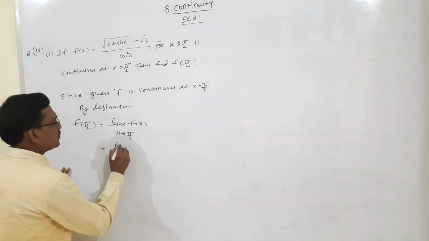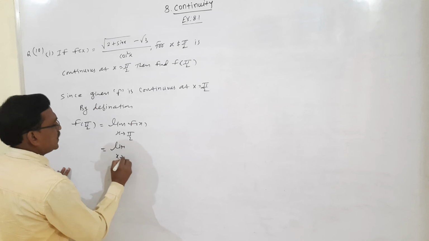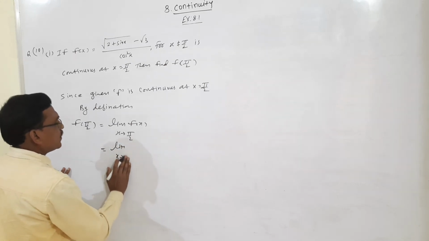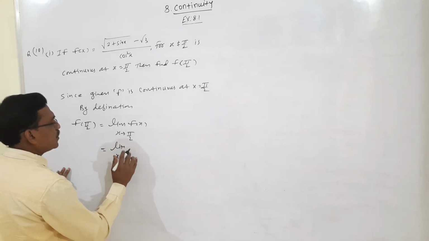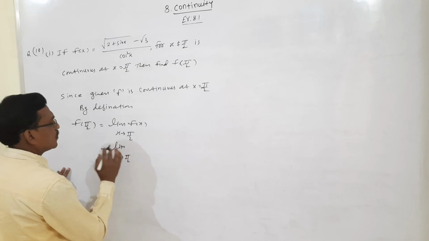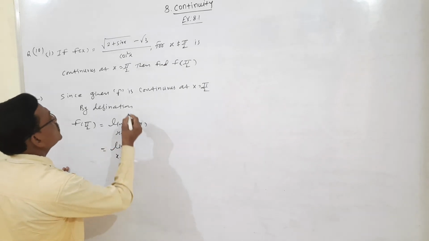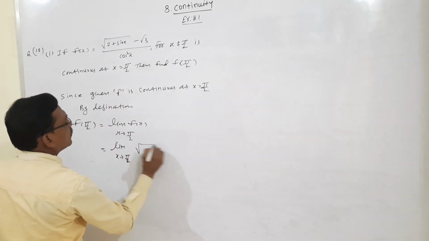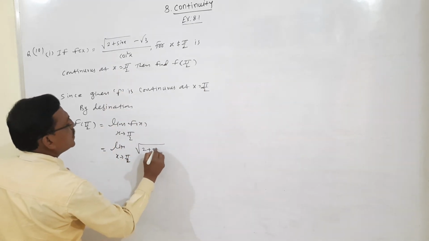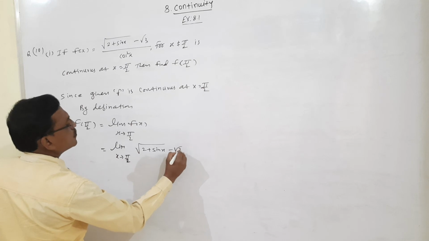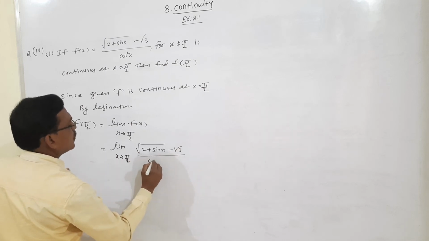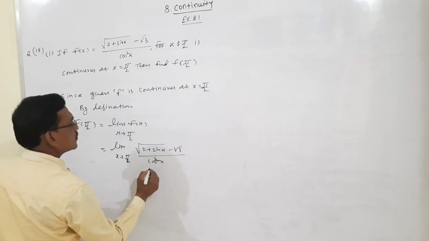So limit as x tends to pi by 2 of our function, root of 2 plus sin x minus root 3, divided by cos square x.